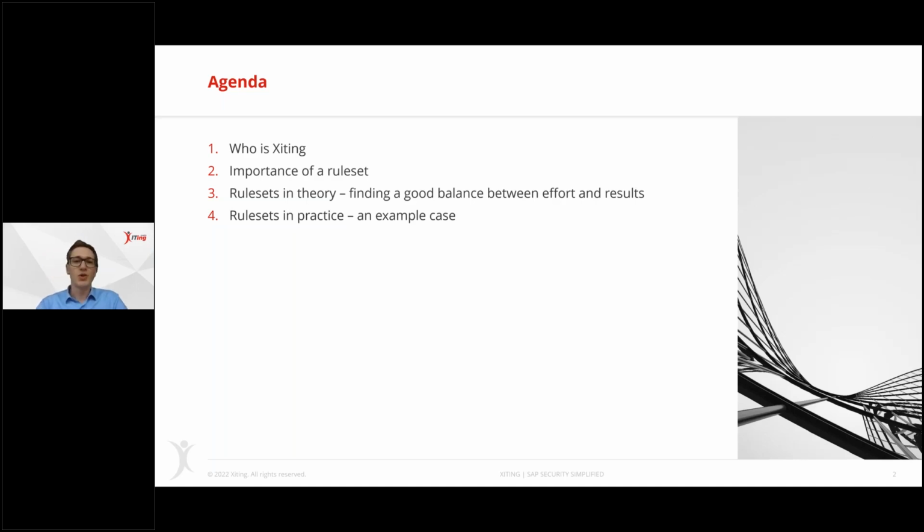But then it also comes to operations. So how do I keep it up to date? What are key principles so that we can have a lean rule set, which can easily be kept up to date? So in terms of operations, that the client can manage the rule set himself. That's always the big question and always the challenge that we are facing.